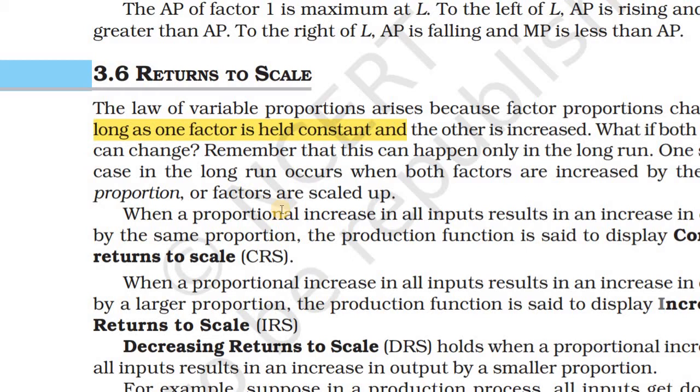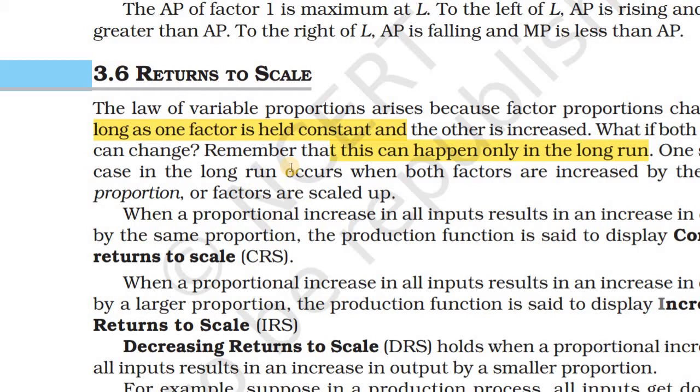When all the factors of production change, it is the long run. It can happen only in the long run. In the short run it is not possible. Short run means we can keep one factor constant and vary the other factors. In the long run, we change both factors of production, capital and labor.